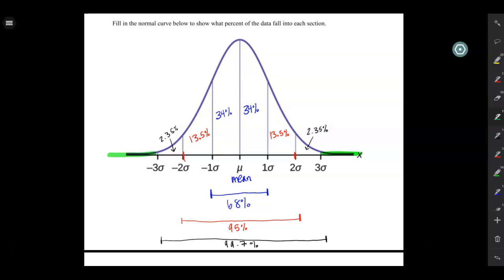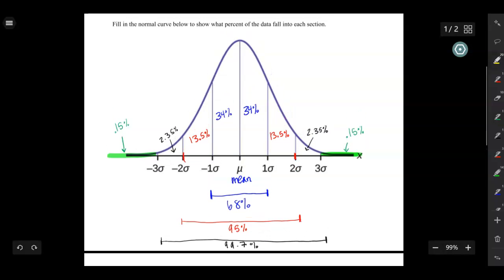And we know that since we already represented 99.7% of my data, I have 0.3% of my data that has to exist in the tails. And since I have 2 tails, one on each side, there's going to be 0.15% of data in each of these tails. So it's a very, very small percent of your data that's going to fall outside of that 3 standard deviation range of the mean.